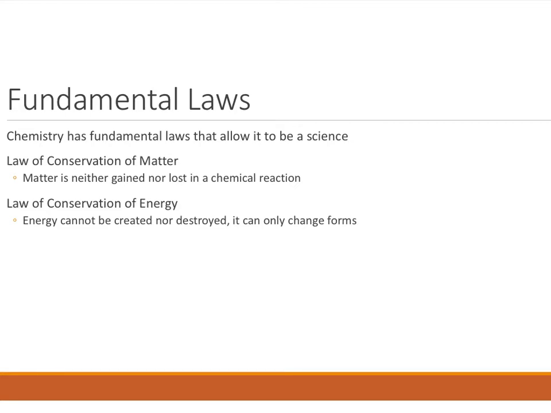It only changes forms, which is really important because that means that in a chemical reaction, all of the atoms I start with also have to be in the end. So I can't lose or gain atoms. I can only make them rearrange. The law of conservation of energy states that energy is neither created nor destroyed, that it can only change forms. We've already seen this in the review chapter when we talked about kinetic energy and potential energy.